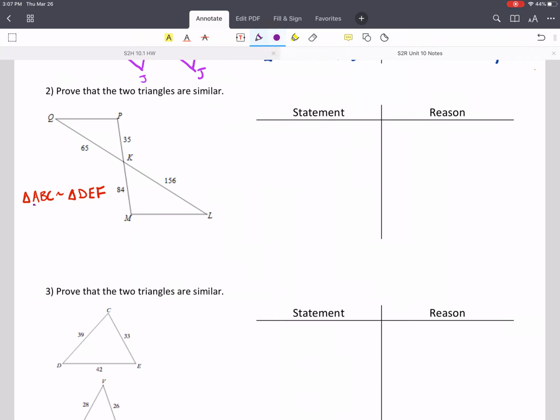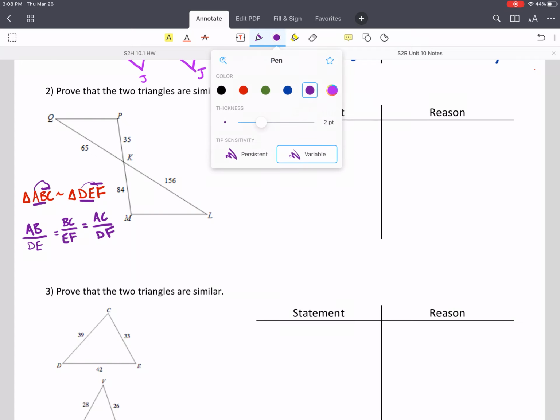So remember, I have AB goes with DE. So this shows me that AB over DE is supposed to equal BC over EF, which is also supposed to equal AC over DF. That's our definition of what proportional side lengths look like.